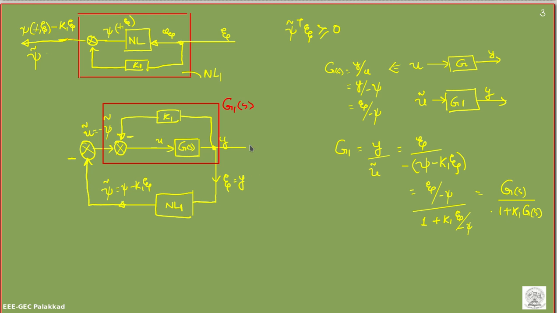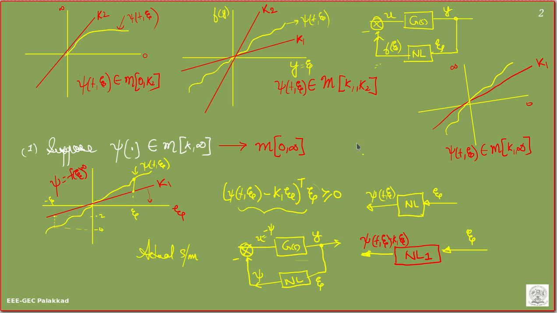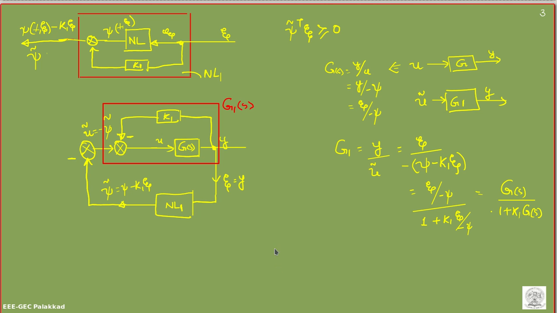For this nonlinear system to be asymptotically stable, we have to check whether g of s divided by 1 plus k1 into g of s is strictly positive real or not.